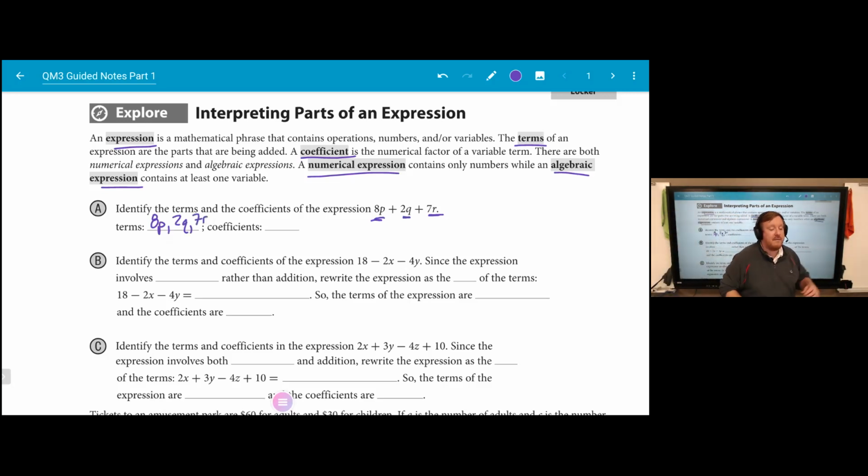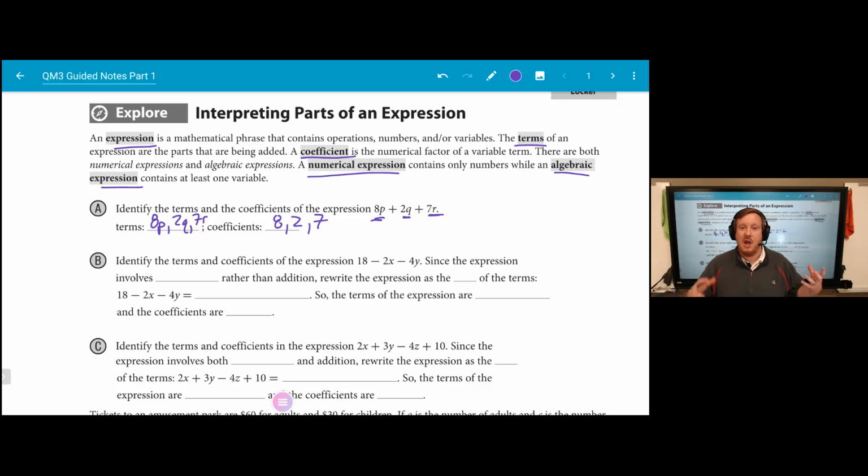Coefficients. Coefficients are the numerical factor of a variable term. They're the numbers multiplying the variables. So the coefficients of these three things are, what's the number multiplying p? 8. What's the number multiplying q? 2. What's the number multiplying r? 7. Terms and coefficients.